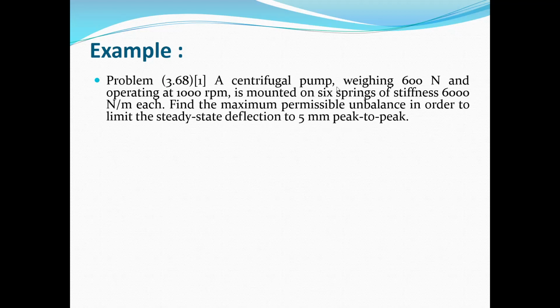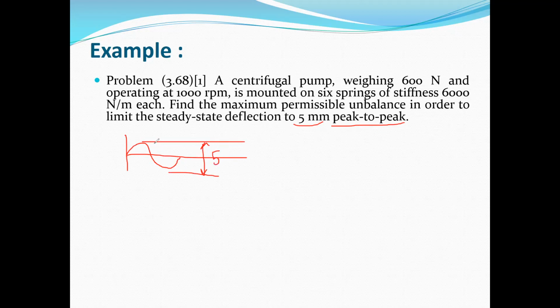So the maximum amplitude of the response is 5 millimeter divided by 2, because this is 5 millimeter peak to peak. If we assume, for example, this is the response, the peak to peak is 5 millimeters, so this length is 5.